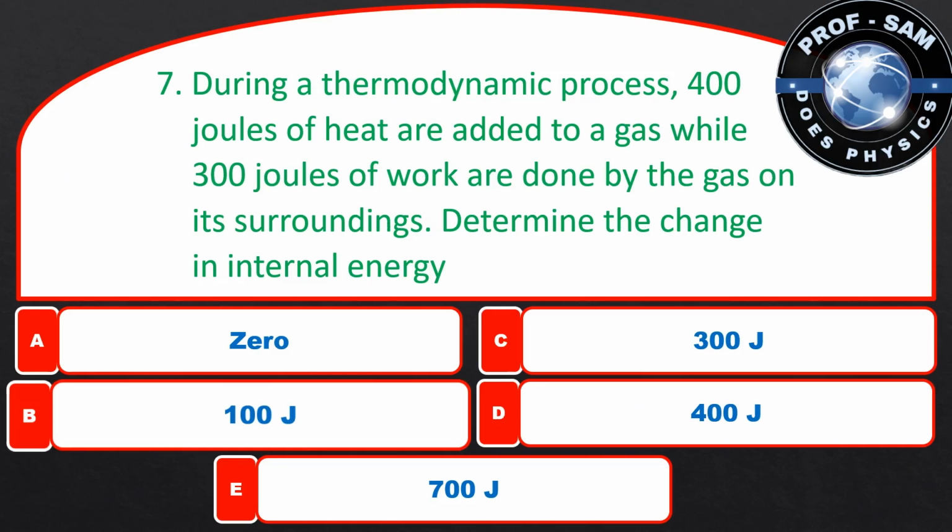So Q, the quantity of heat, will be positive. And if work is being done by the system, then the gas must be expanding in order to move the piston. And because of this, the gas loses energy. So therefore, we can say that work is done by the gas. And since work is done by the gas, the work done will be negative.